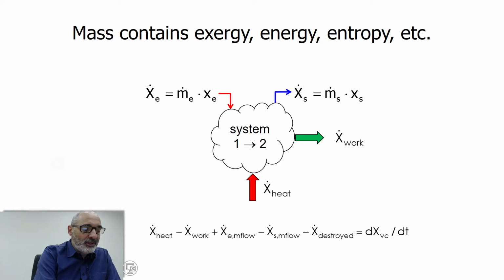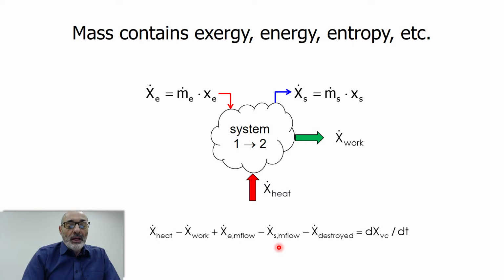We have exergy associated with heat entering the control volume. We have exergy associated with work being exported. We have exergy entering associated with mass flow, and we also have exergy associated with the output flow.